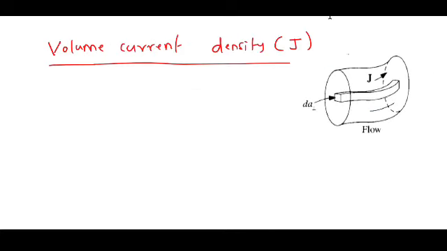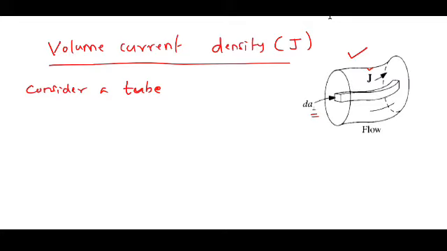Here we consider a tube, and this tube has an area that is perpendicular to the current flow. J is the volume current density.